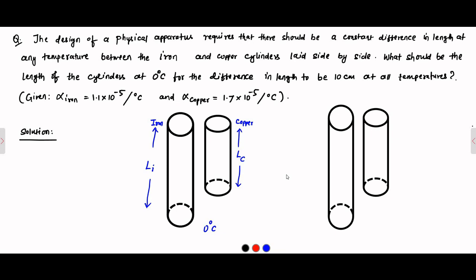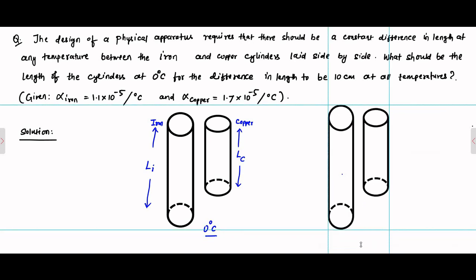Okay, so what it is saying is, what should be this initial length Li and Lc of the iron and copper cylinder, which is at 0 degree Celsius, such that when the temperature increases, both the iron and copper cylinders will undergo linear expansion as per their expansion coefficients, but the difference of length between these two cylinders will remain intact.